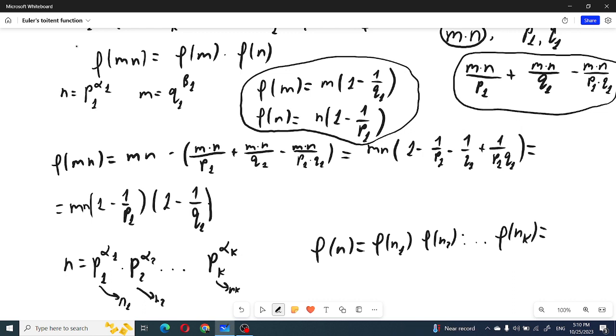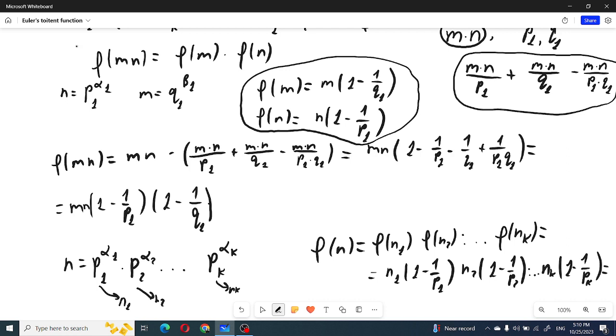And because we know that phi of a prime power equals this number times (1 minus 1 over the prime), we can see that this must be n1 times (1 minus 1 over p1) times n2 times (1 minus 1 over p2), up to nk times (1 minus 1 over pk).